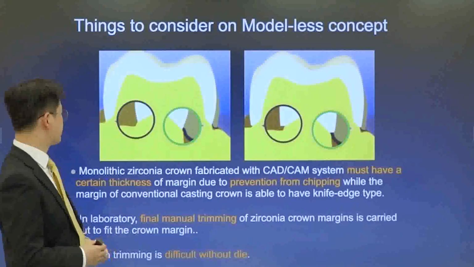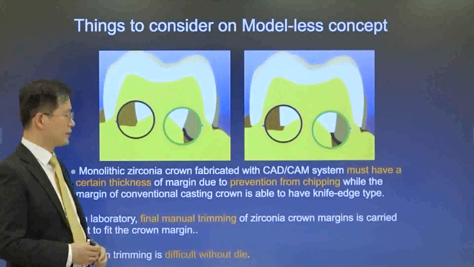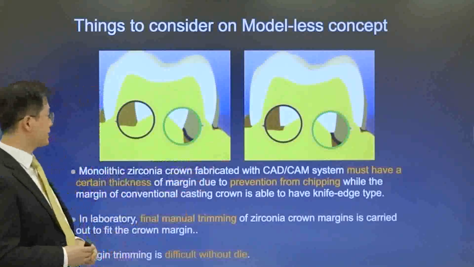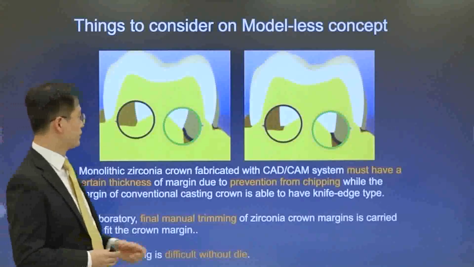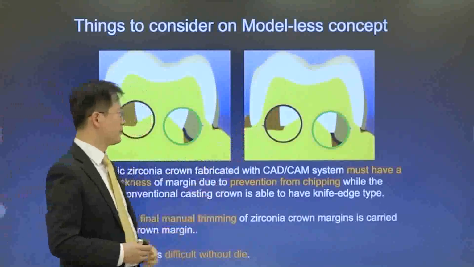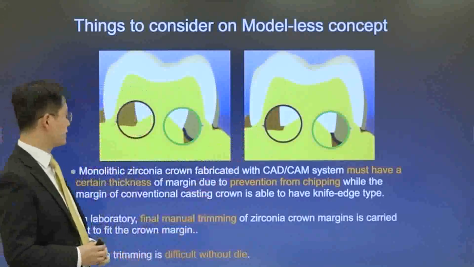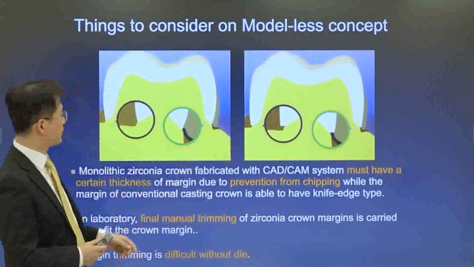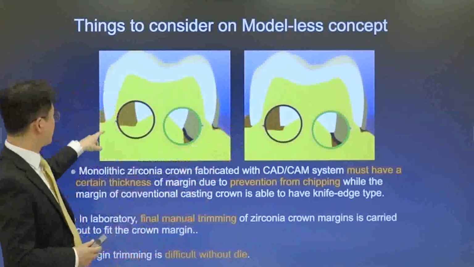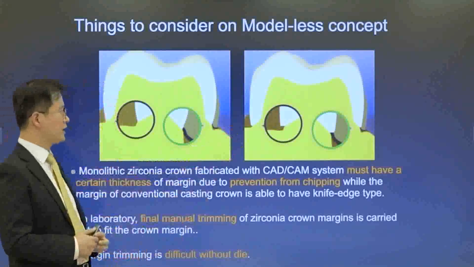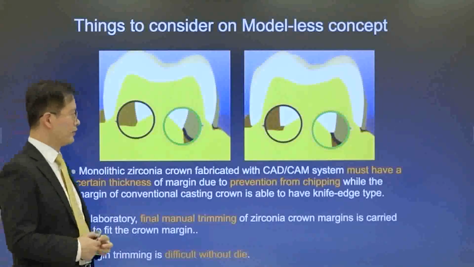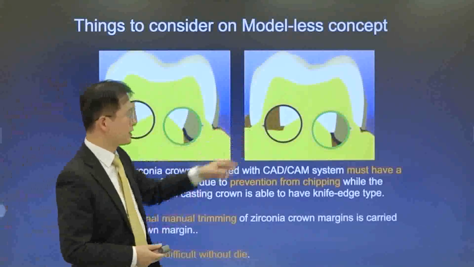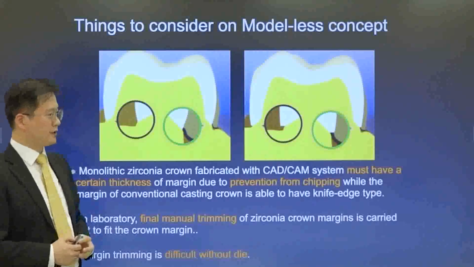Usually, monolithic restoration is fabricated with a CAD/CAM system, and it must have a certain thickness of margin to prevent chipping, while the margin of a conventional casting crown is able to have a knife edge. When we are making it conventionally, the thin margin cannot be fractured easily, but when we use a milling machine to cut the thin crown margin, there is usually chipping.